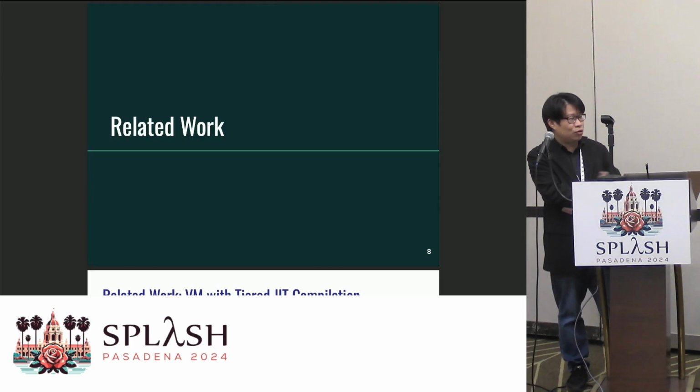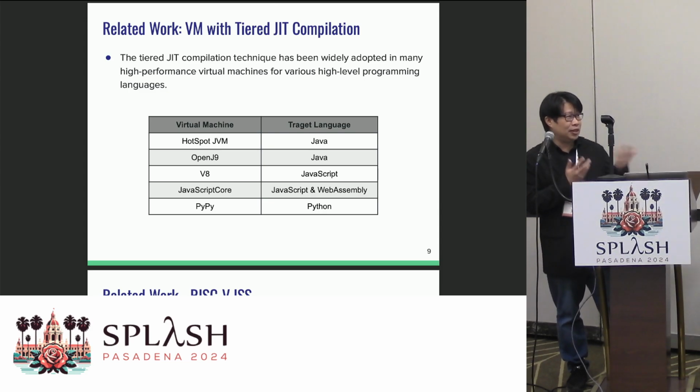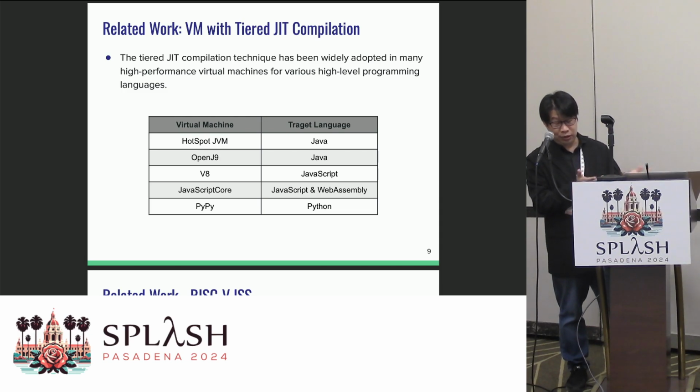Before answering the question, let's review the existing work. Here you can see the HotSpot virtual machine, which is dedicated to Java, V8, which is dedicated to JavaScript, and PyPy, which is built on top of Python.